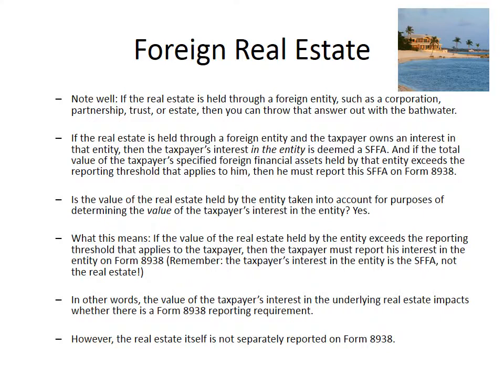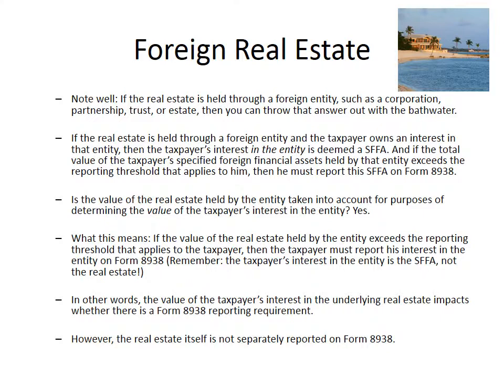John owns an interest in a foreign corporation. The foreign corporation, in turn, owns real estate. So that is our basic fact pattern. We have John, who owns a foreign corporation, let's call it ABC. ABC, in turn, owns foreign real estate.